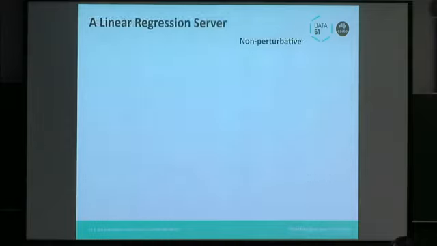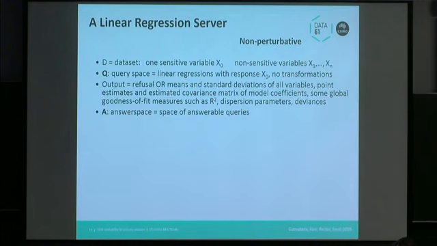space. In the case of analysis servers, so in the paper Gomitan, Carr, Reiter and Sunil 2005, only the static mode was looked at, only linear regressions, and in fact quite a special linear regression as well, or quite a special data set, only one sensitive variable, all the others non-sensitive, query spaces, all the linear regressions with response x0, no transformations, fairly typical linear regression output.